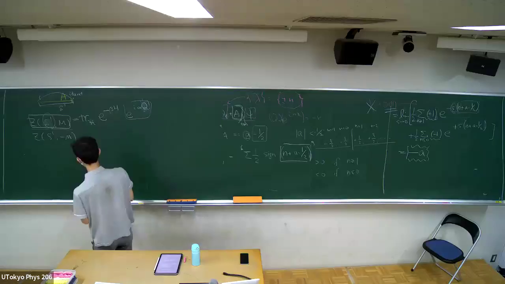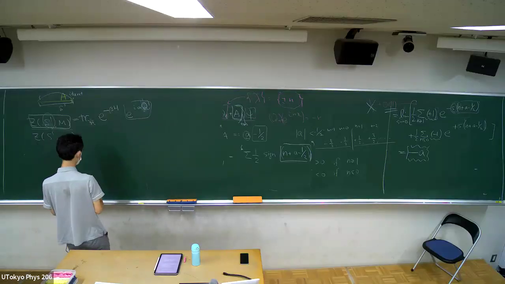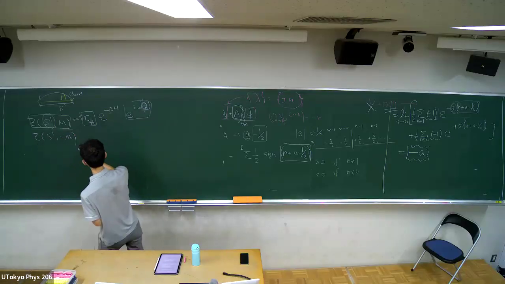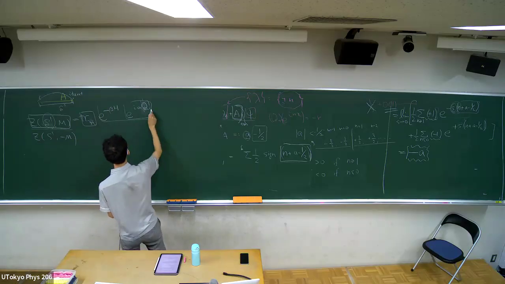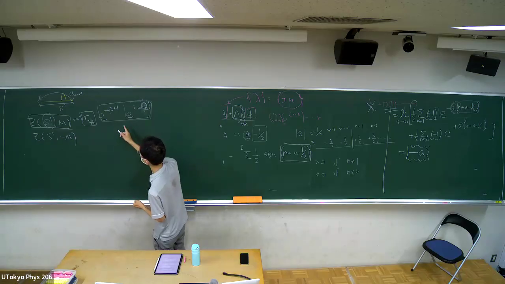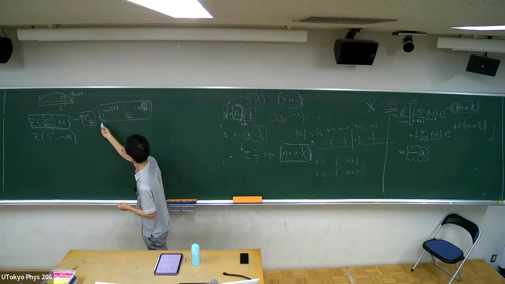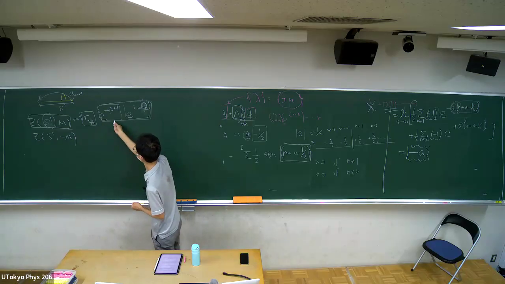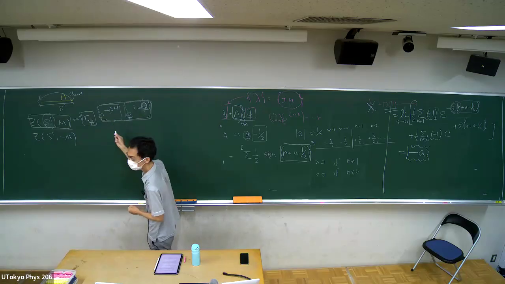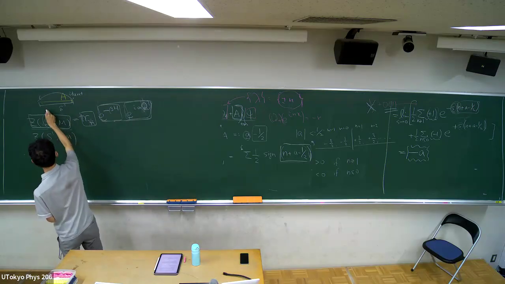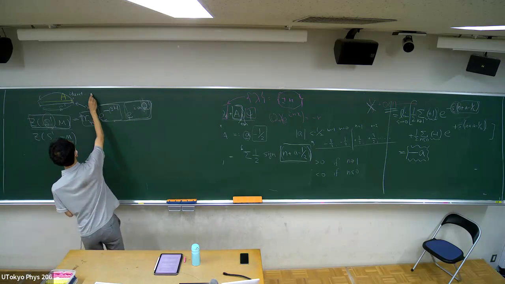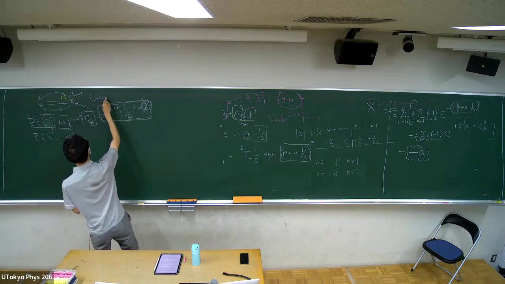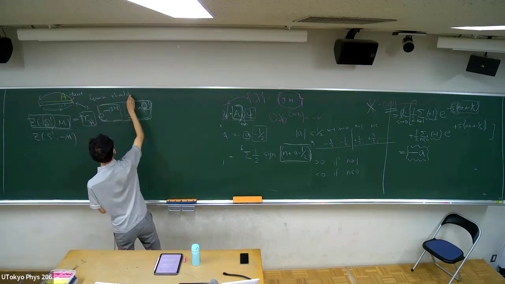And finally, in a fermionic system, in order to compute this trace of a thermal weight with this chemical potential, you need to make the fermion antiperiodic.